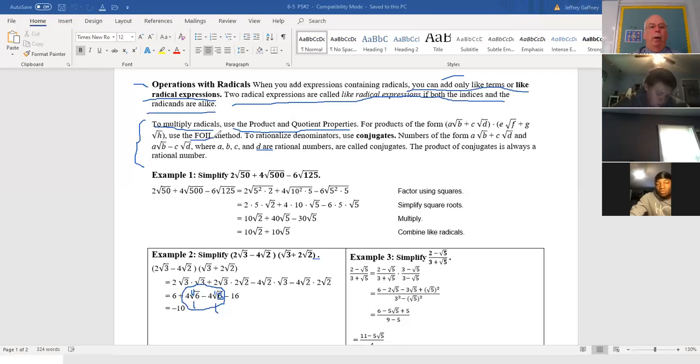And we know how to FOIL now, right? Except now we've got the additional complexity of some radicals sprinkled in there. And we have to rationalize denominators, which means no denominators with a radical there, using conjugates. We just talked about that a few minutes ago with a couple of problems from Monday's exercise.